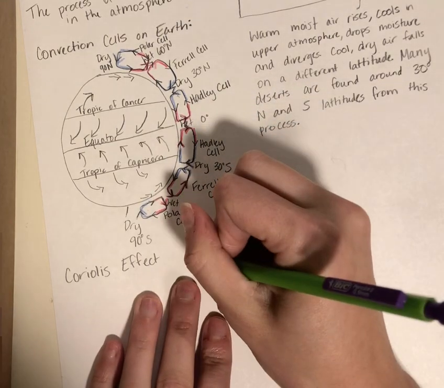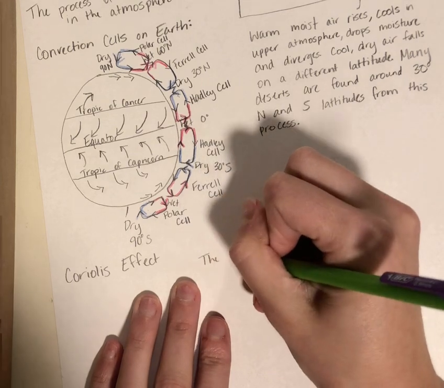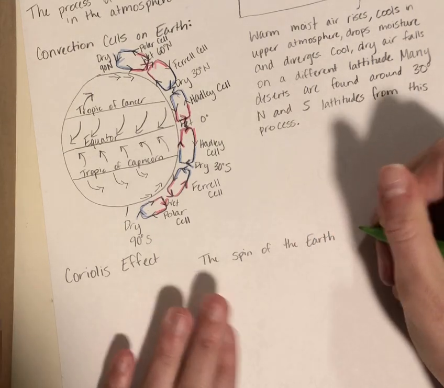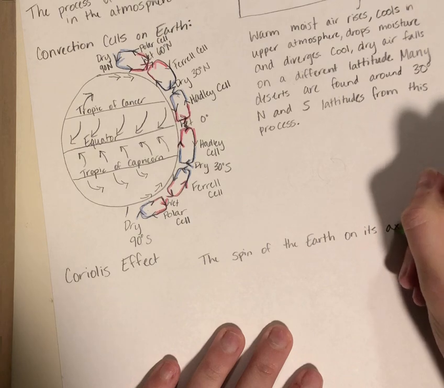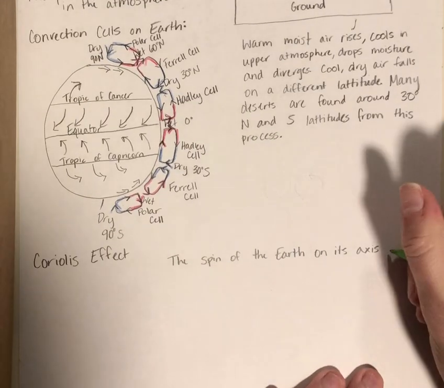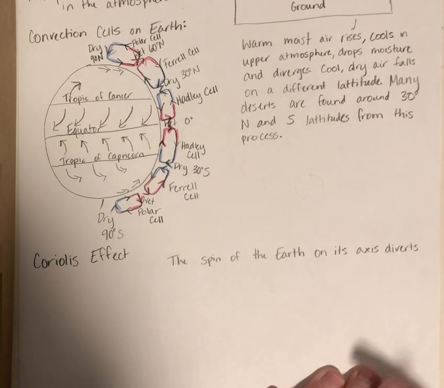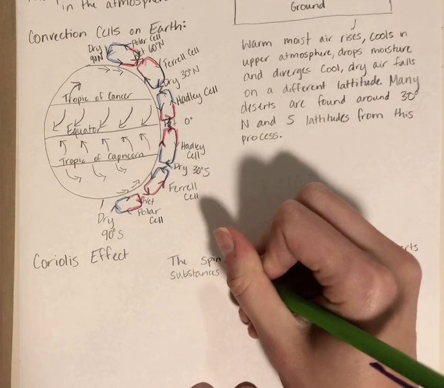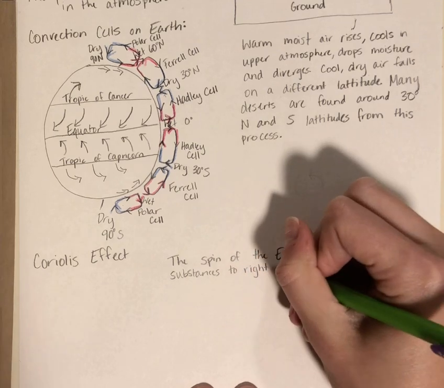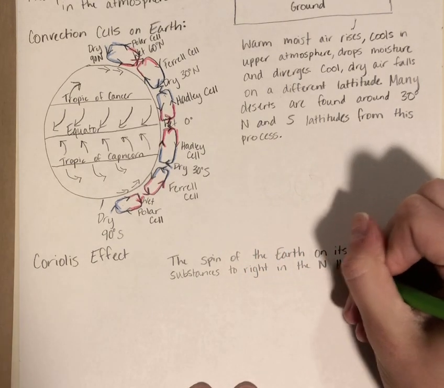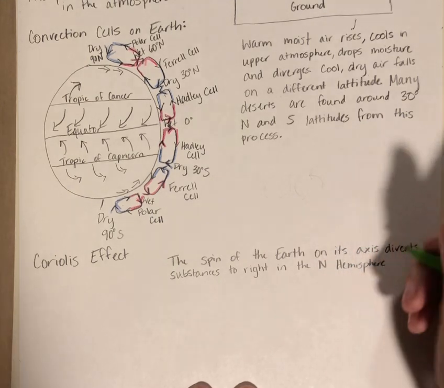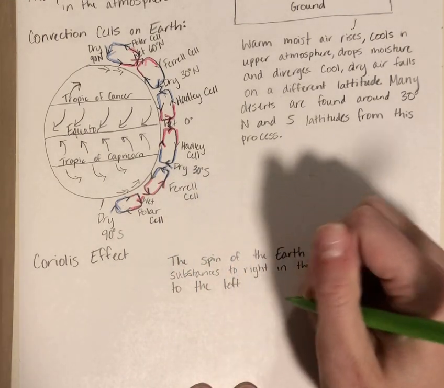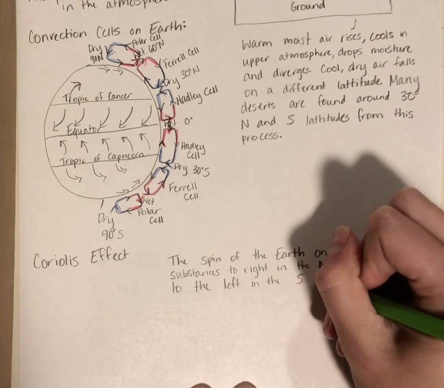The Coriolis effect means that the spin of the Earth on its axis diverts substances to the right in the northern hemisphere and to the left in the southern hemisphere.